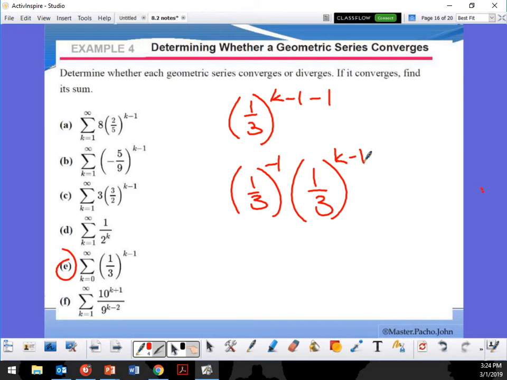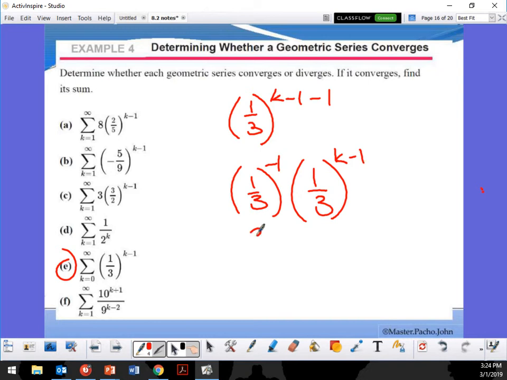Yes? Okay, because I had negative powers on those. Adding the exponents, instead of just writing k to the negative 2, I need this to be in k to the k minus 1, right? So, from there, what is this 1/3 to the negative 1 going to turn into? 3. So my a value is now going to be 3.